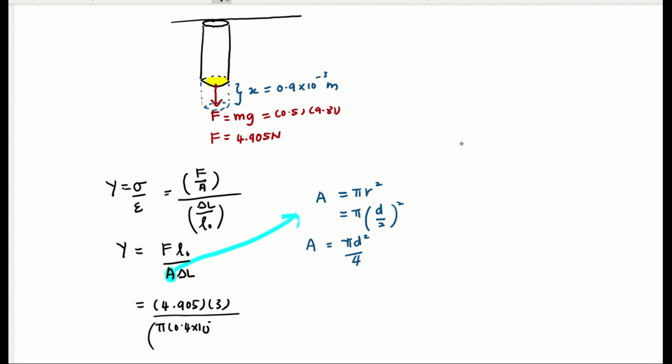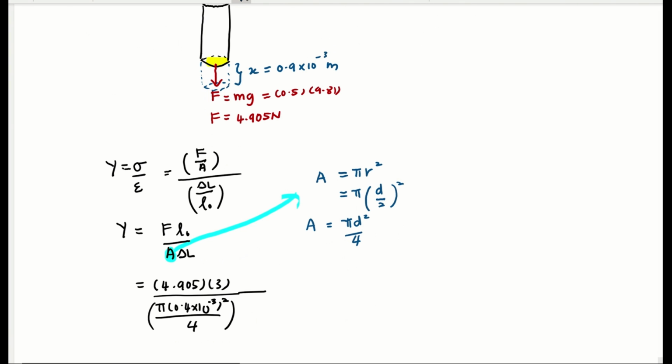Milli adalah negative 3, squared jangan tertinggal, over 4. Jadi kalau you nak kira area ni, you kira asing pun sebenarnya lebih bagus, supaya mengelakkan kesilapan. Then you masukkan saja dalam equation.